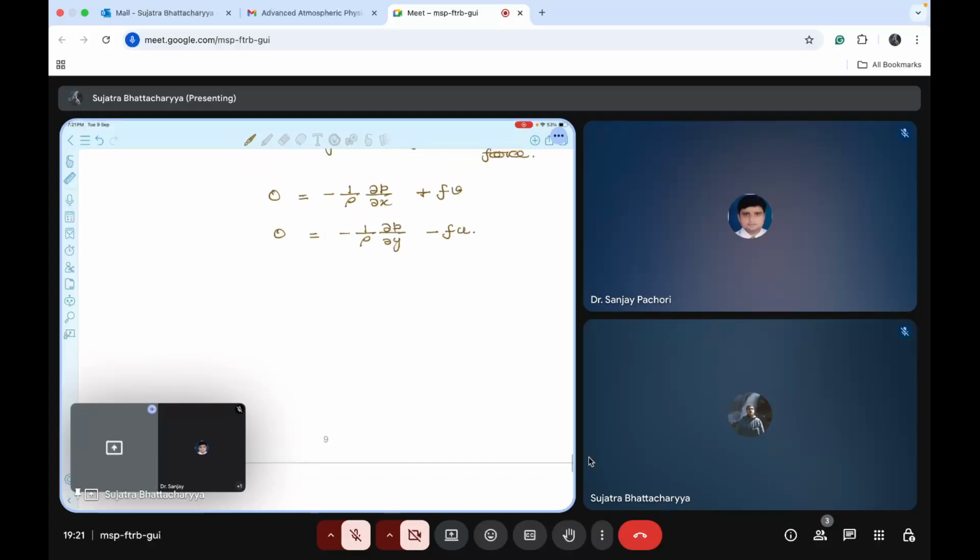Okay, and we can replace this balance. So v is equal to vg and u is equal to ug. So what will be your vg therefore? It will be 1 upon rho f delta p delta x. This is your vg, the meridional geostrophic wind. Similarly, your ug, the zonal geostrophic wind, will be 1 upon rho f with a negative sign, delta p delta y.